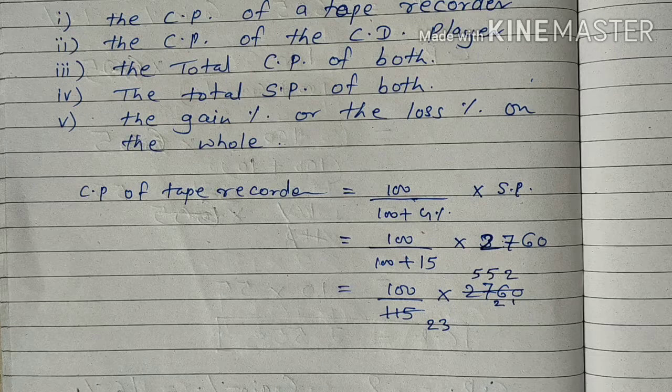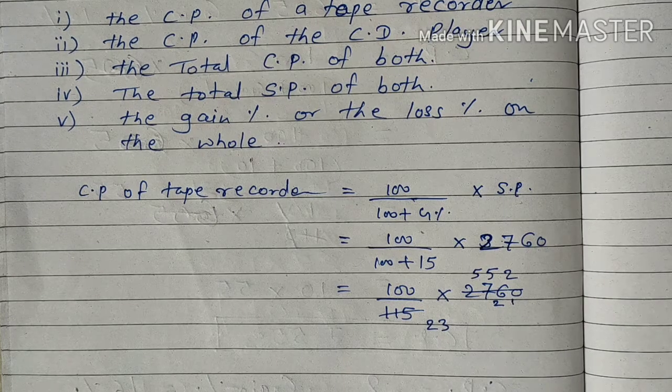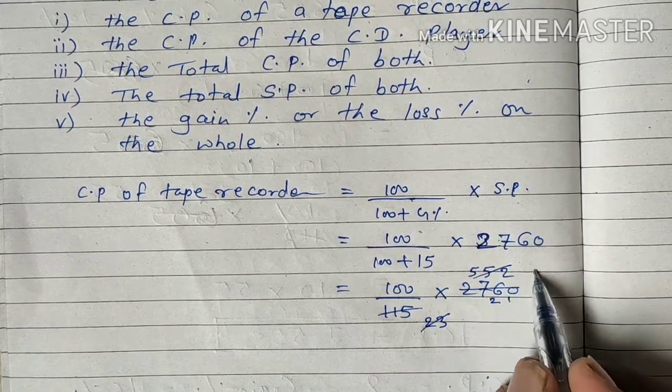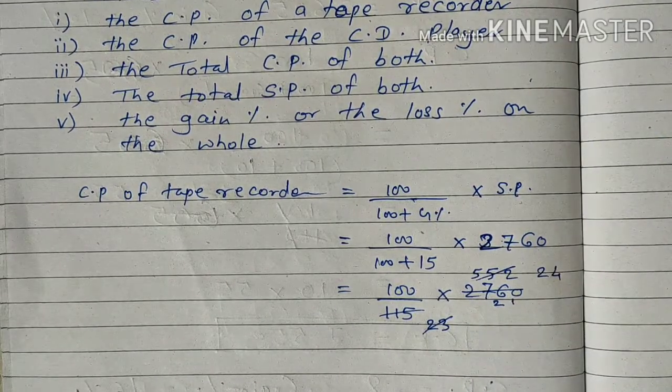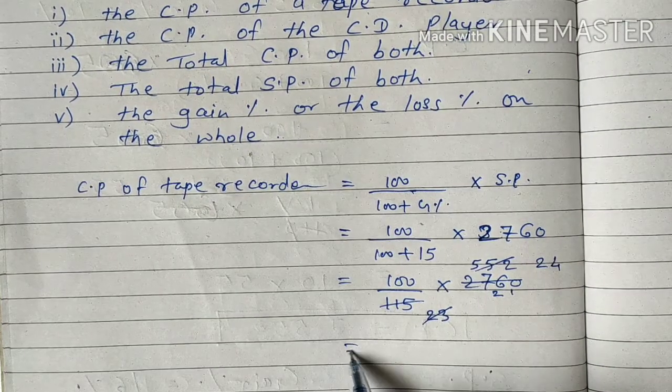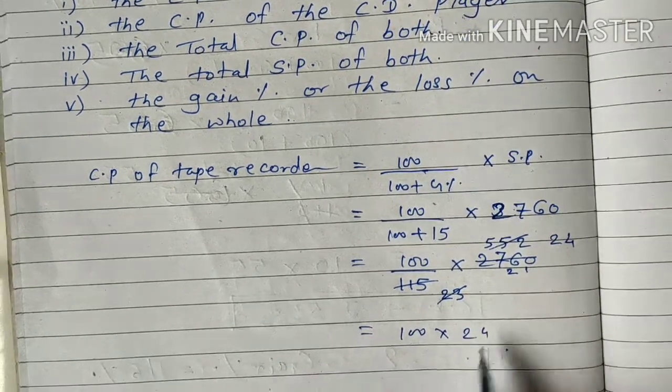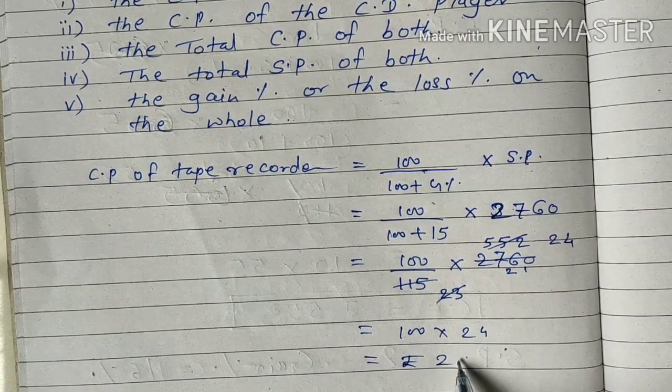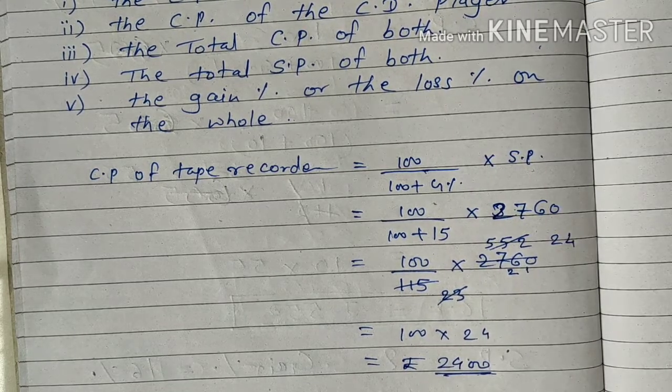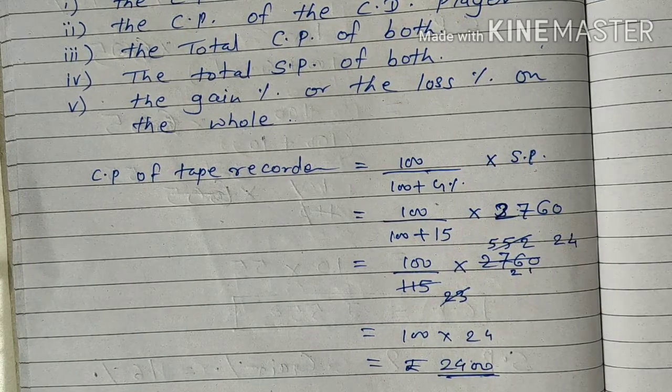Okay, now it is 2 and 552 divided by 23. So what are we getting? When these two are divided, we get 24 as the answer. Correct? So it is 100 multiplied by 24, so it becomes rupees 2400. So rupees 2400 is the cost price of the tape recorder.